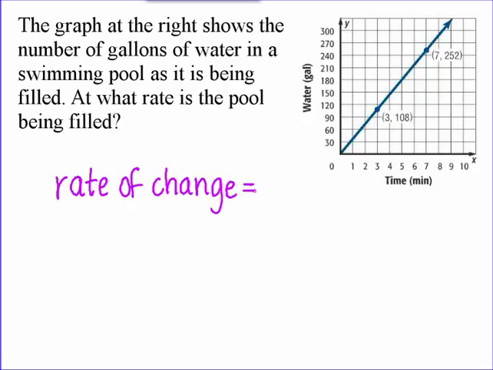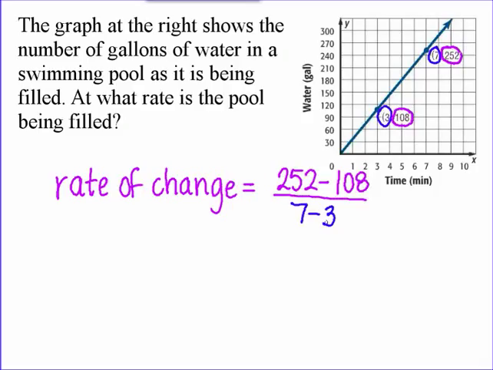I'm going to look at those 2 points, and I'm going to start with the 252. So I'm going to take 252 minus what? 108, good. So 252 minus 108 divided by 7 minus 3. What is 252 minus 108? 144, divided by what number? 4.